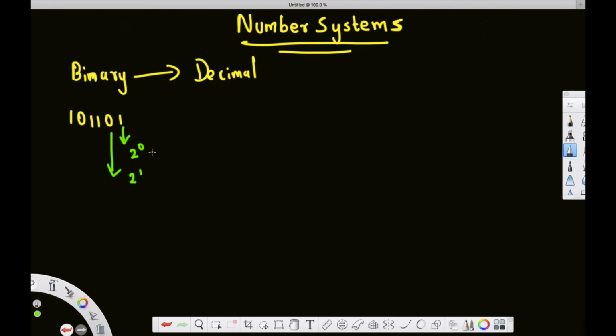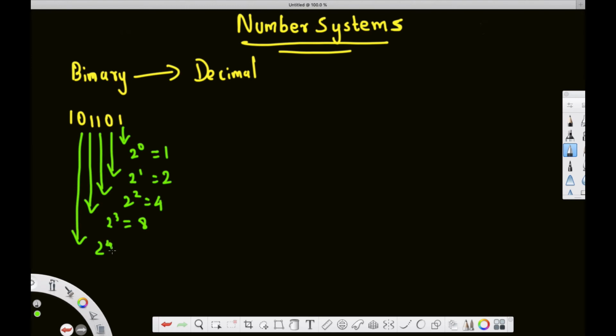So 2 power 0 is equal to 1, and then 2 power 1 is 2, and this one is taking the place of 2 power 2, that is 4, and this one is taking the place of 2 power 3, that is 8, and this one is taking the place of 2 power 4, that is 16, and this one is taking the place of 2 power 5, that is 32.